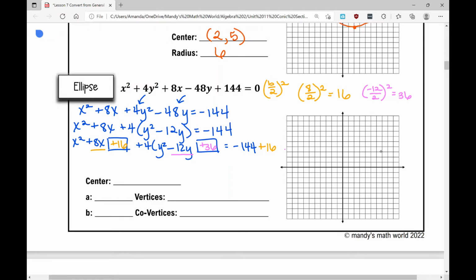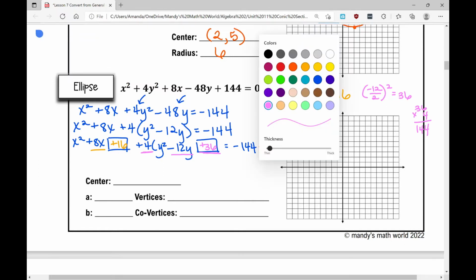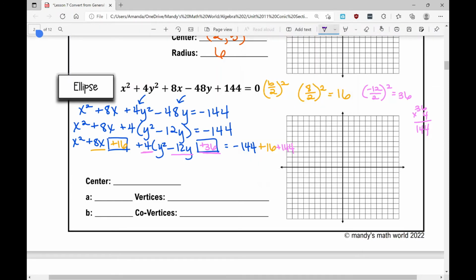I have to add 36 times 4, which is 144, and that's what I have to add to this side, and that's what you have to remember. A lot of students forget that. If you factor out a GCF, remember, this C term that you're adding to both sides, you need to multiply that by that GCF and add that number to both sides.